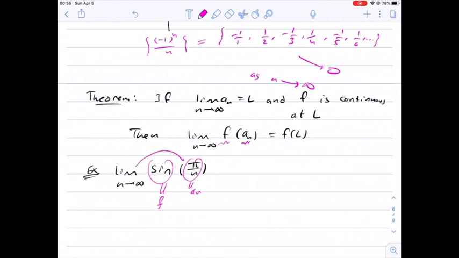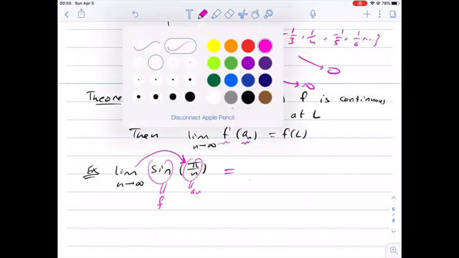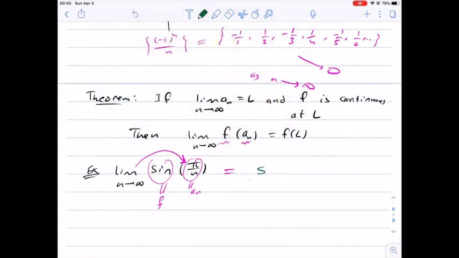So if that's correct, that means we can insert the limit inside this function. So this gives us sine of the limit of pi over n.